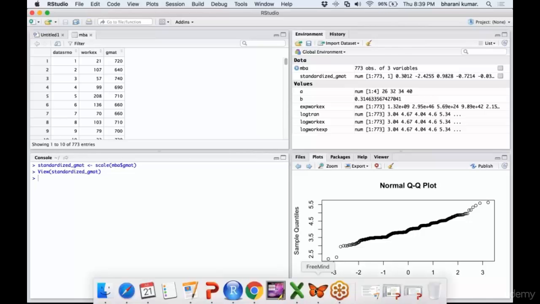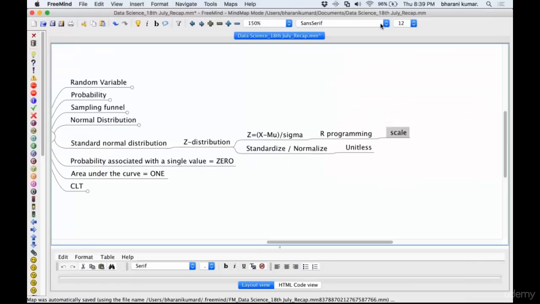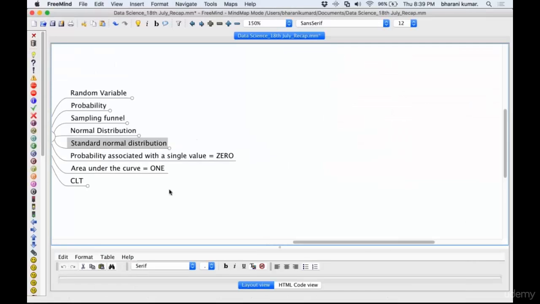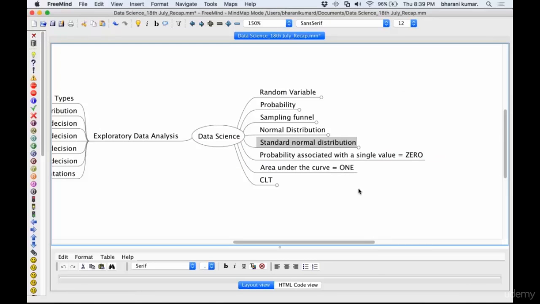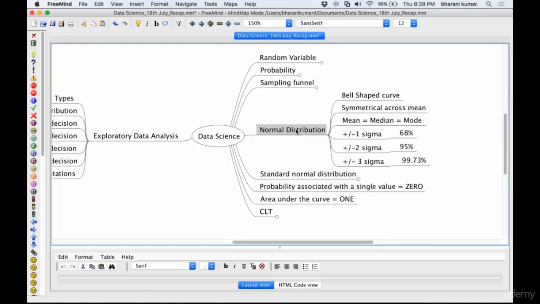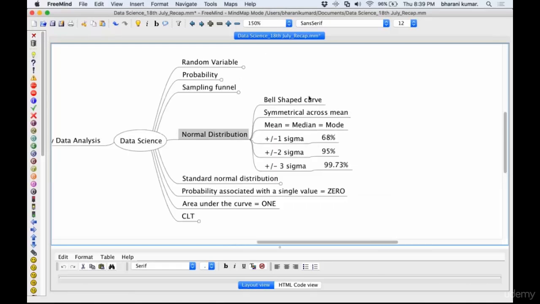And we have also discussed normal distribution. What is a normal distribution? It is a bell-shaped curve. It is symmetrical across the mean equal to median equal to mode. And you have the three empirical values, plus minus 1 sigma, 68% of the values would meet your customer requirements, right?